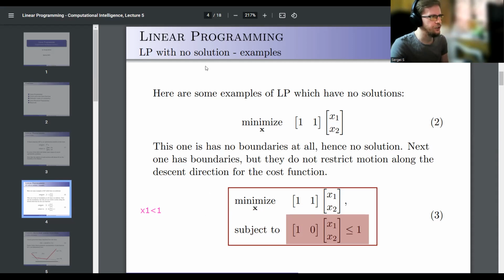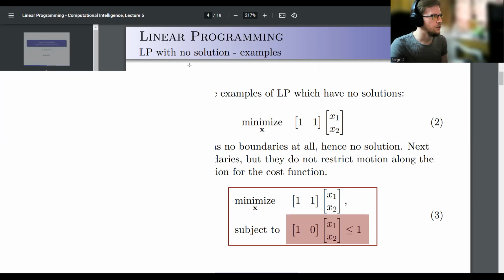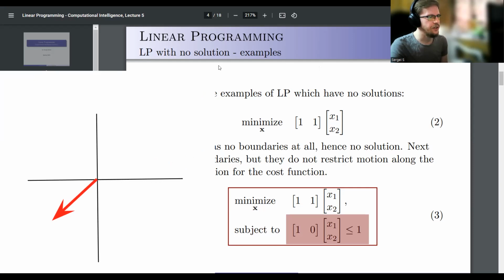Just to illustrate, let me draw it for you. We'll have something like the direction in which we decrease. I would again show it with an arrow. It is minus 1, minus 1, this direction. In this direction, we decrease.